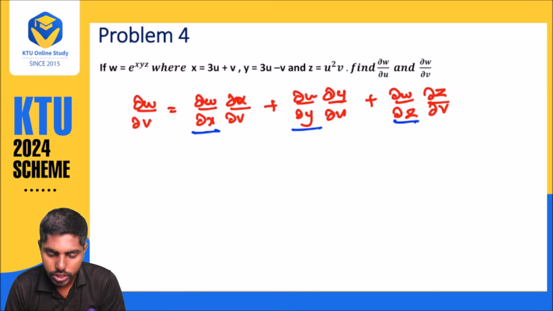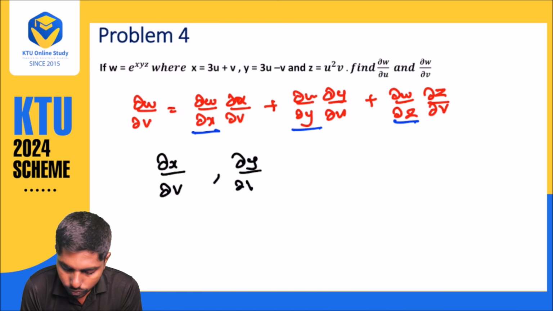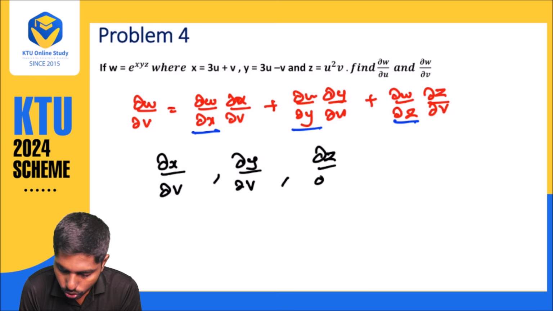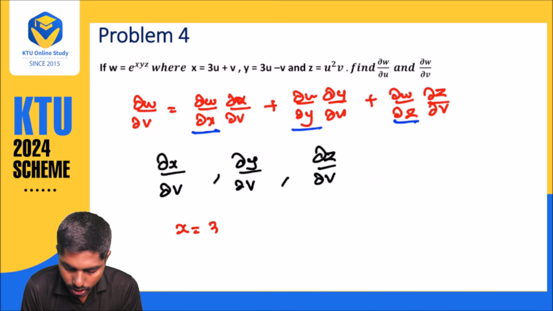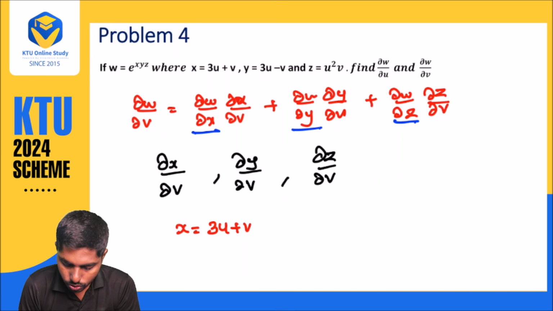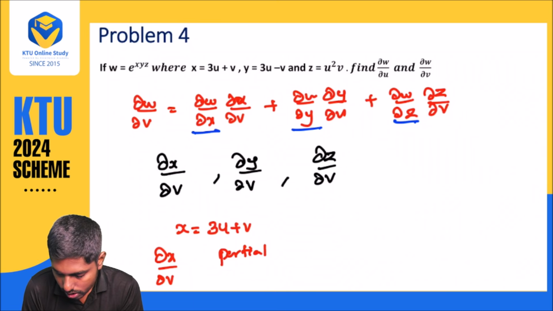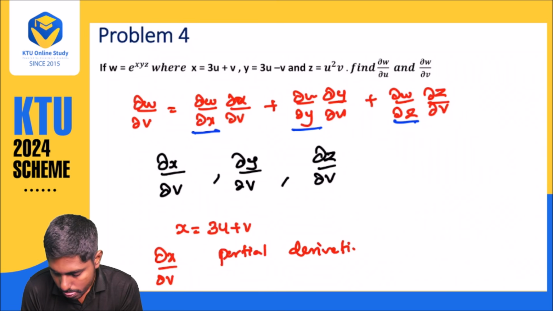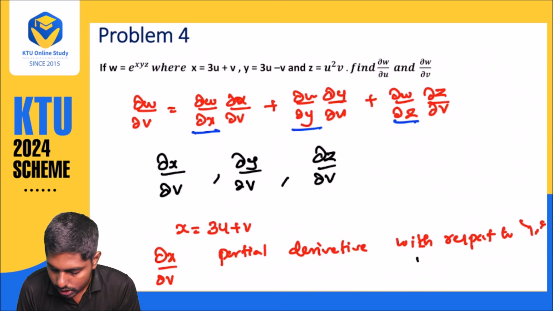Now what do we want to identify? We want to identify ∂x/∂v, ∂y/∂v, and ∂z/∂v. So what is the value of x? x is equal to 3u plus v. So the partial derivative with respect to v, that means here u is equal to constant.